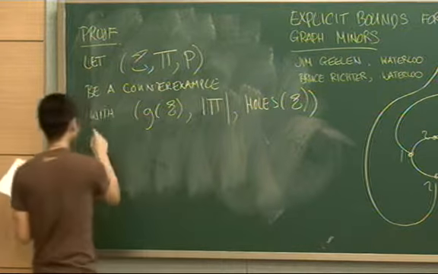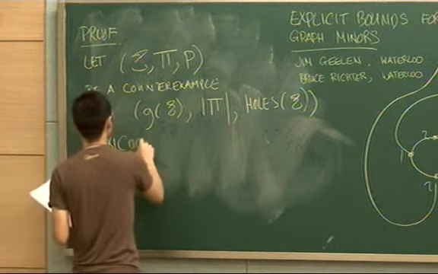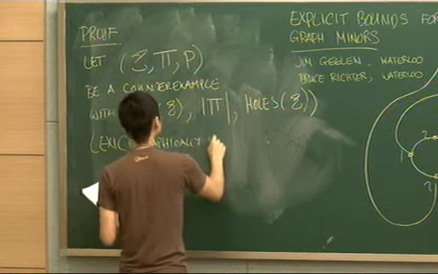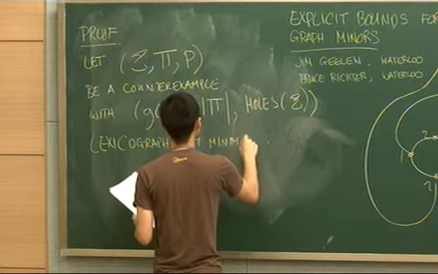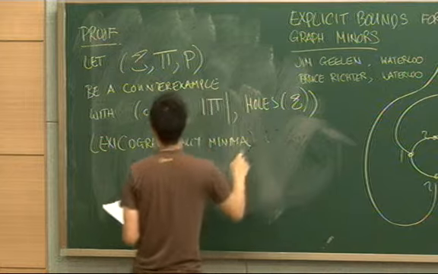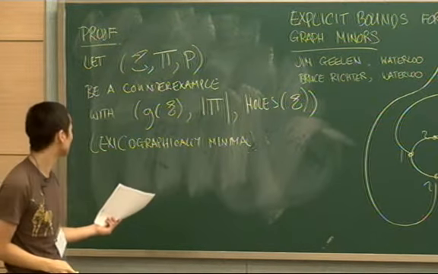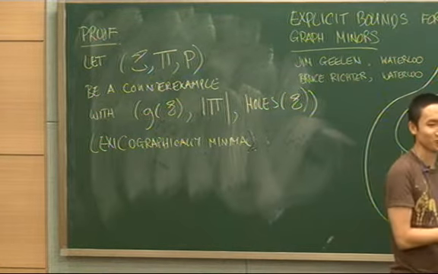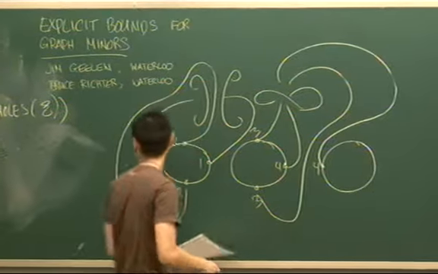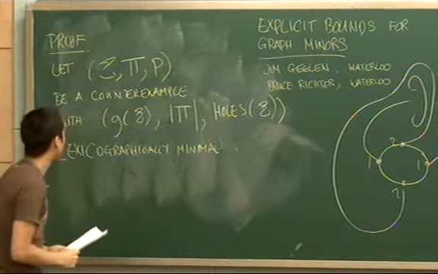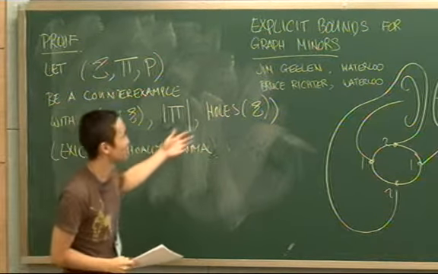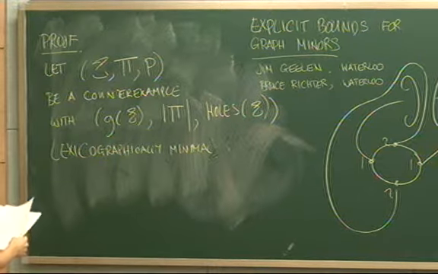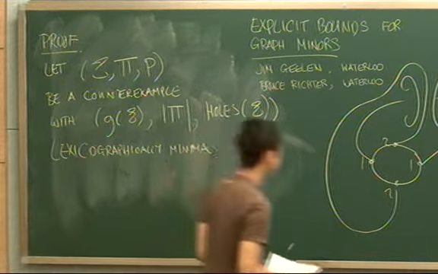So I take this to be lexicographically minimal. Okay, so that means this genus thing is, well, it's not the number of handles because this is for orientable. So it's 2 times the number of handles plus the number of crosscaps. And so any surface of lower genus but possibly more holes is less complex for me, right?